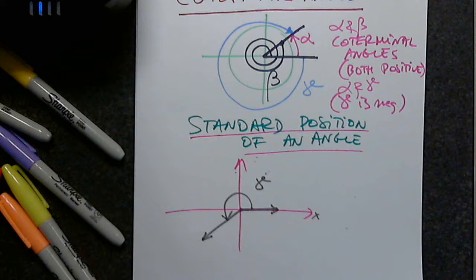Angle gamma. So this is in standard position, as long as it starts on the x-axis and ends anywhere on the circle, in any quadrant you want.